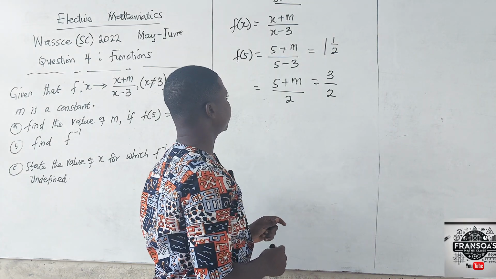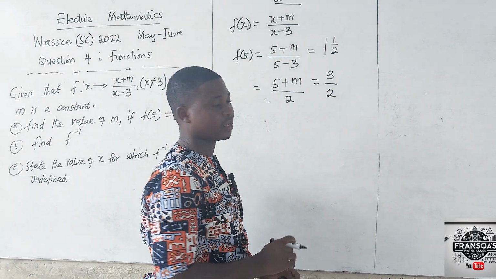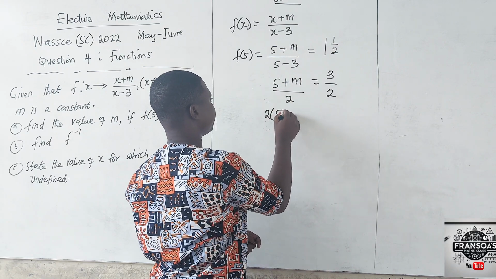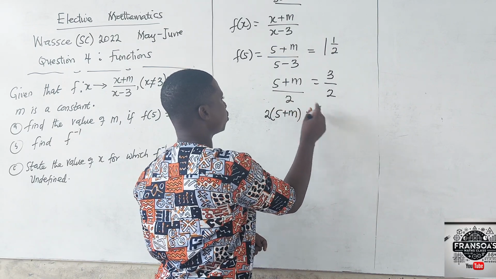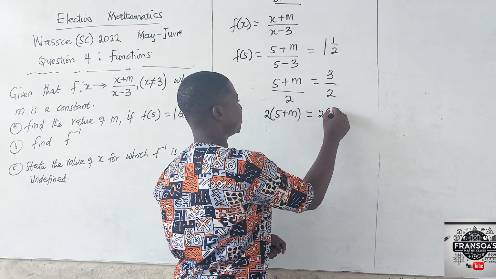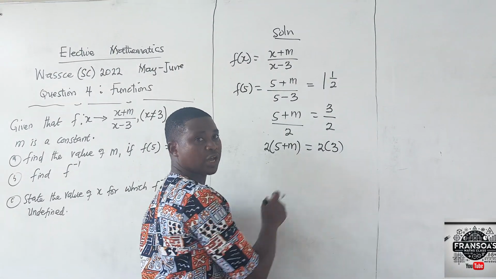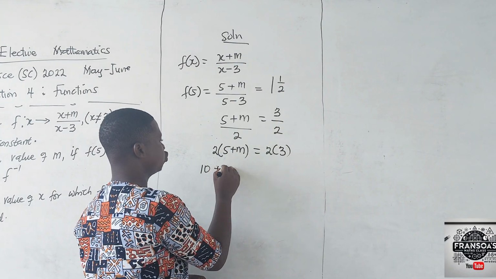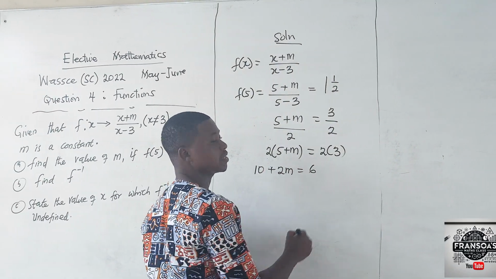At this stage, we can cross multiply. So we have 2 multiplying 5 plus m is equal to 2 times 3. We need to expand this. So we have 2 times 5, which is 10, plus 2m is equal to 6.